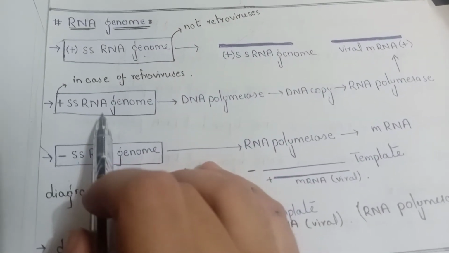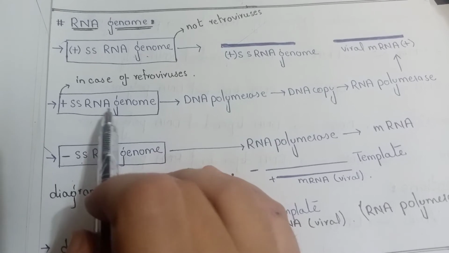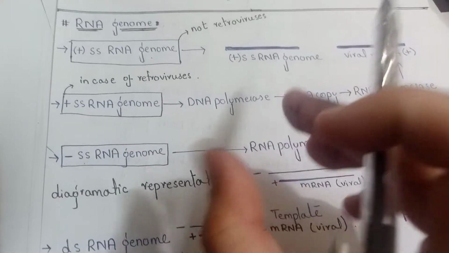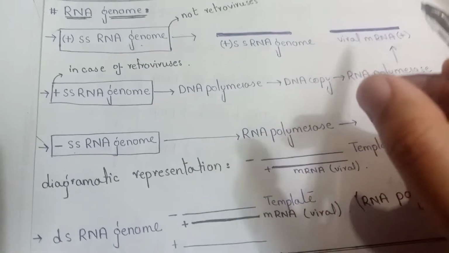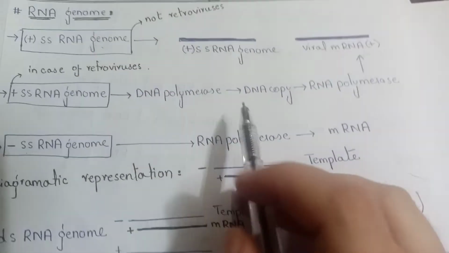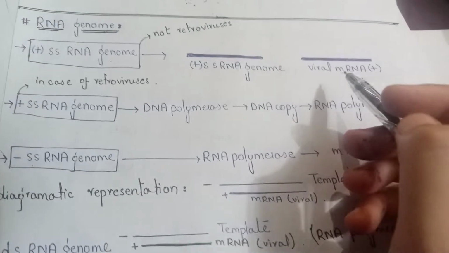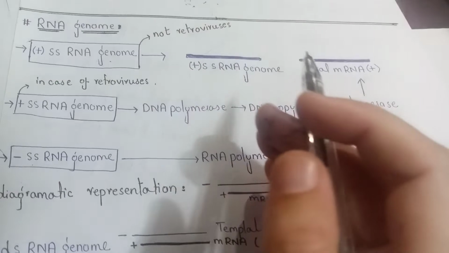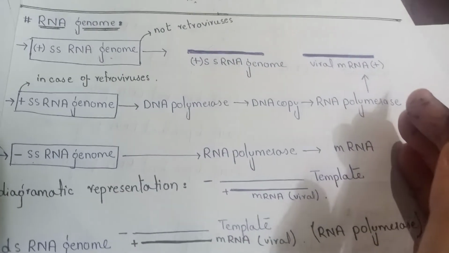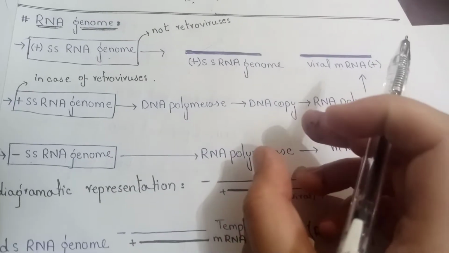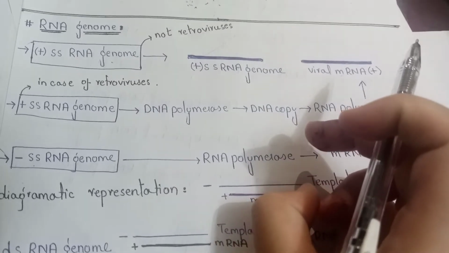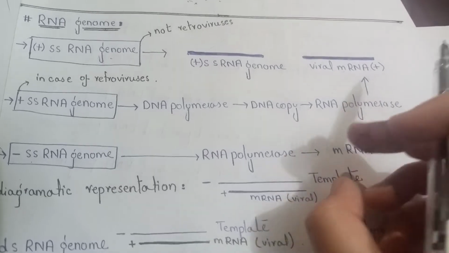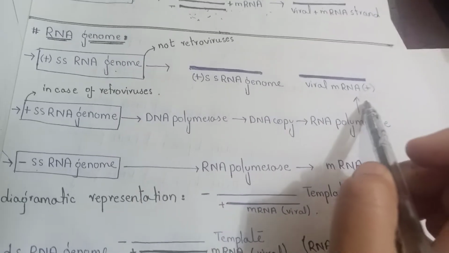So first we are going to convert this positive single-stranded RNA genome and make a DNA copy. Then that DNA will integrate with the human DNA, and as human DNA replicates, the RNA genome will also replicate, and then the viral portion will detach and be used to synthesize the viral mRNA.